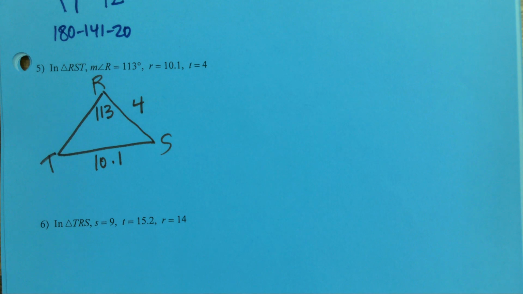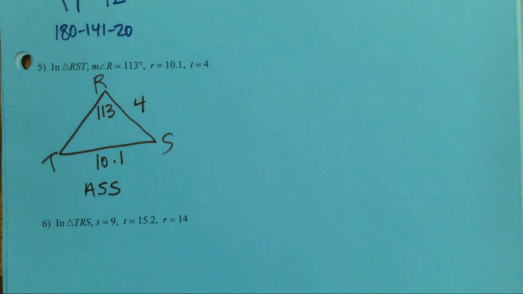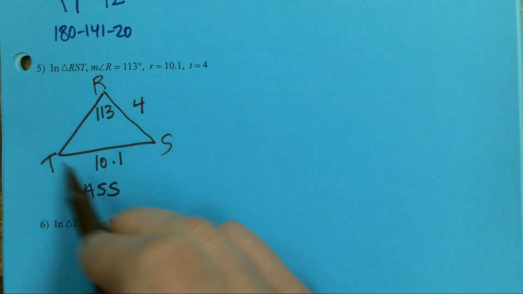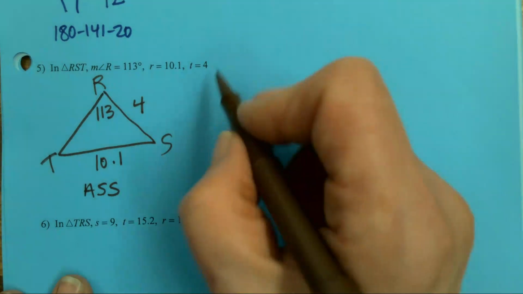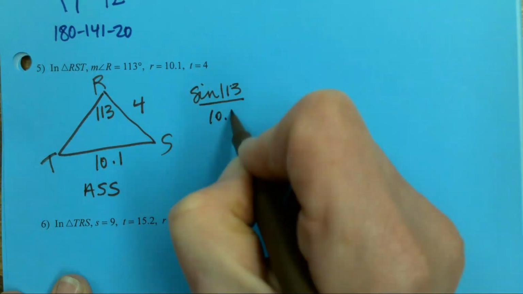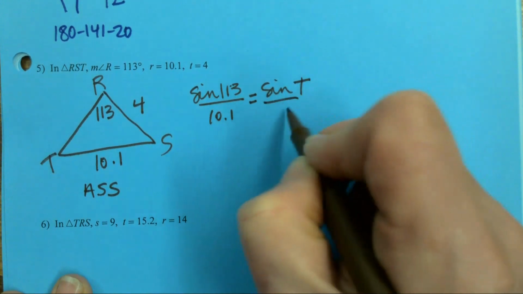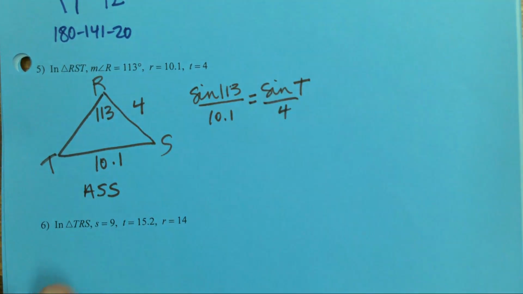And so, because of this, we have to do more work. So I'm going to start by trying to find another angle. The only angle I have enough information to find is angle T. So the sine of 113 over 10.1 is equal to the sine of T over 4. And now I'll go through and solve that.